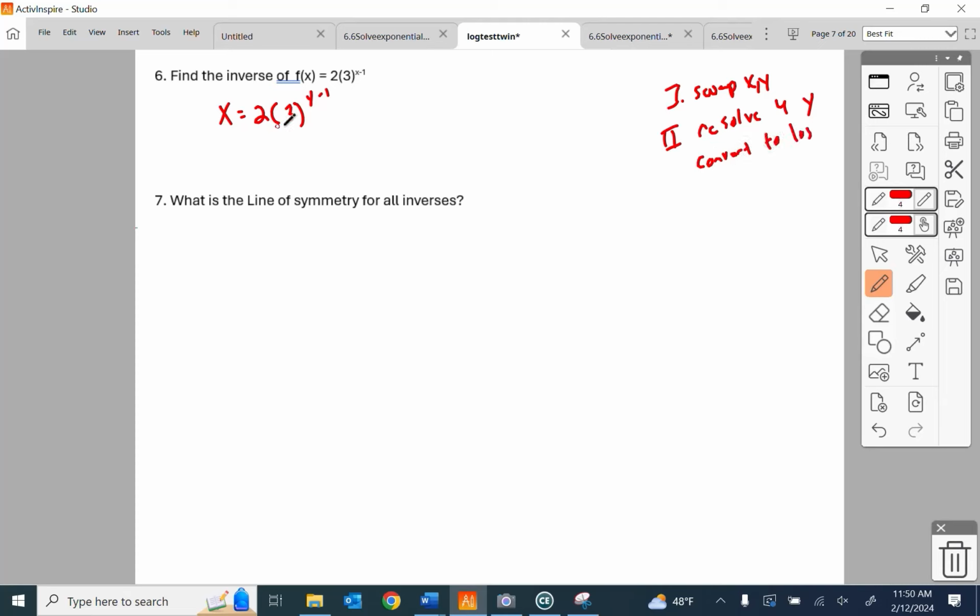Before I convert to log, I have to isolate the base. I divide both sides by 2. x over 2 equals 3 to the y minus 1. And I can go through and identify my parts. My base is 3. My exponent is y minus 1. And my answer is x over 2.